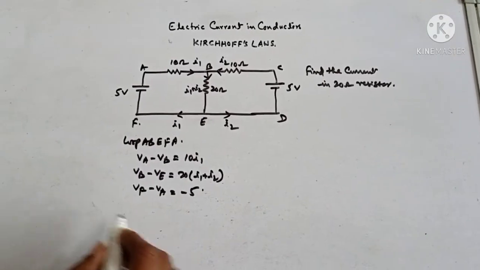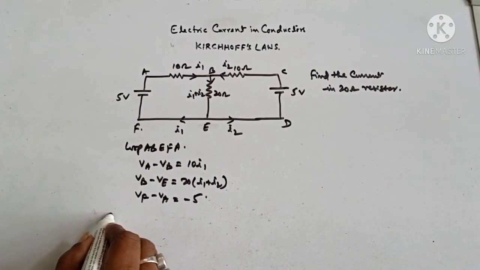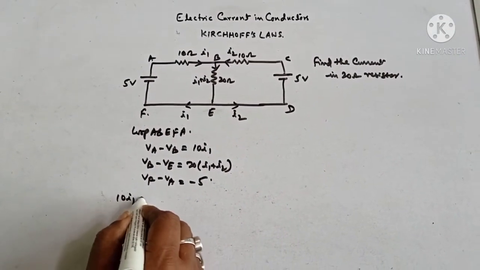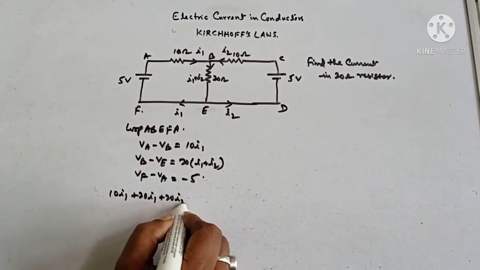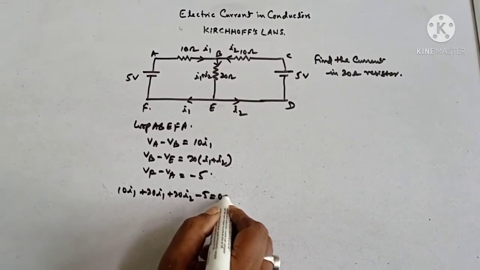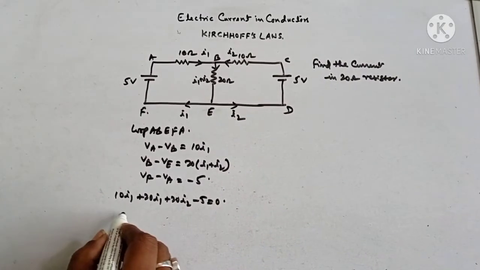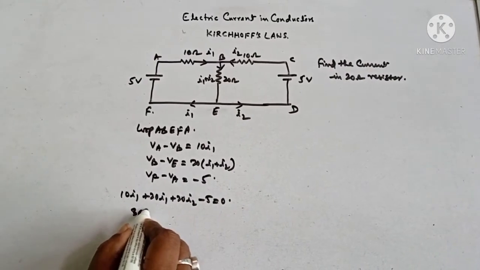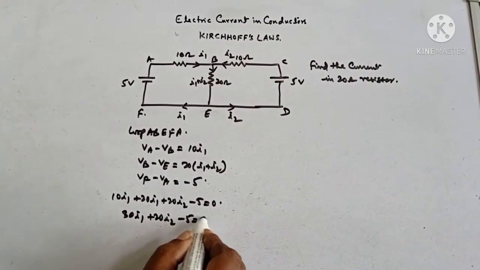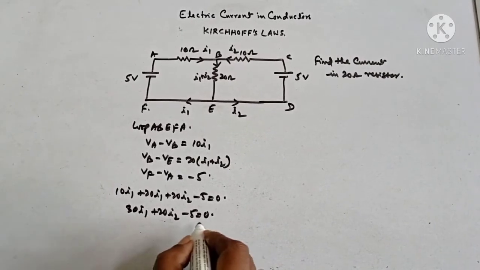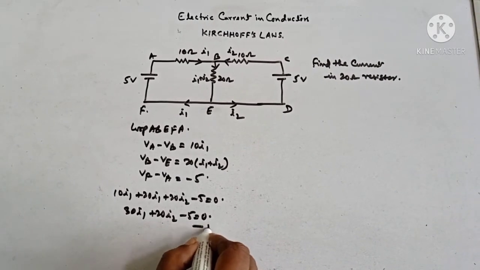So again from the loop theory, 10 I1 plus 20 I1 plus 20 I2 minus 5 is equal to 0. So this comes out to be 30 I1 plus 20 I2 minus 5 equal to 0. This is equation 1.